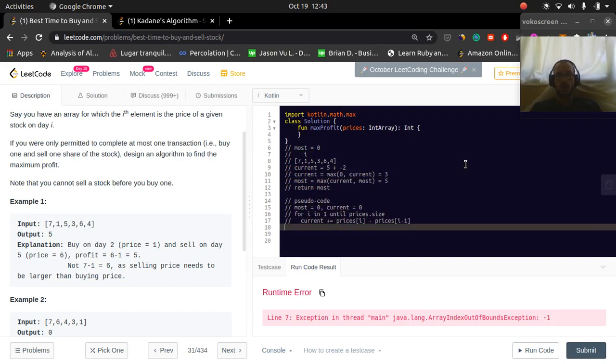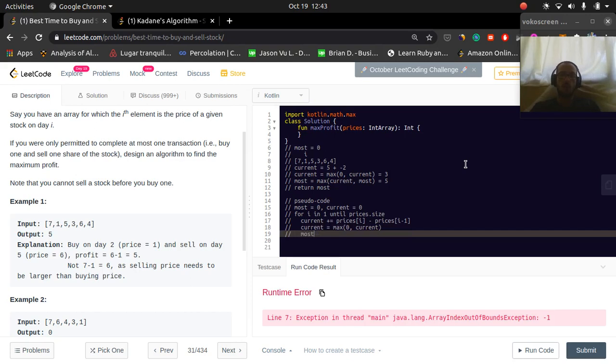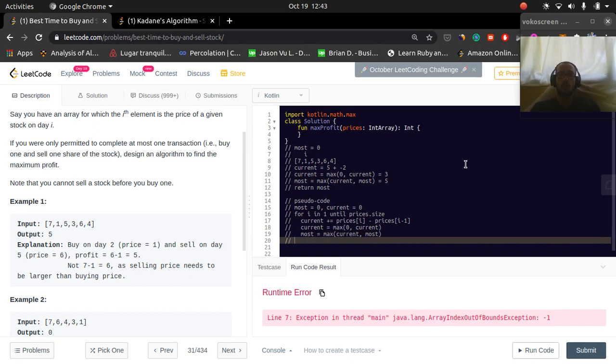And then we're going to say current is the max of 0 and current, right? Because we can always choose 0. We can say, you know what, we're standing pat, we're not buying today. And so our profit is going to be 0 if we don't buy. And then we're going to set most equal to the max of current and most. And then we'll return most.